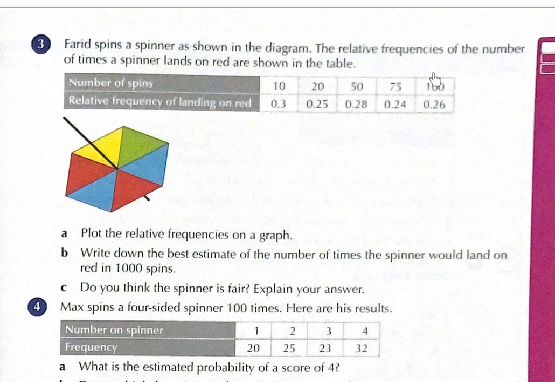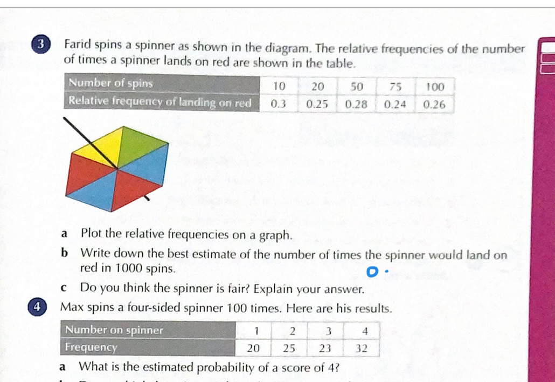So 100 will give you the best estimate for the probability, which equals 0.26.